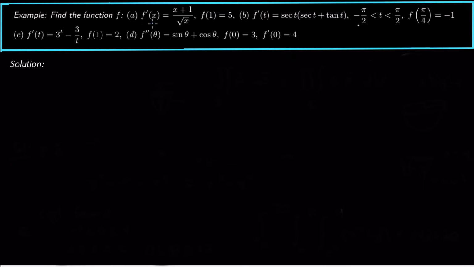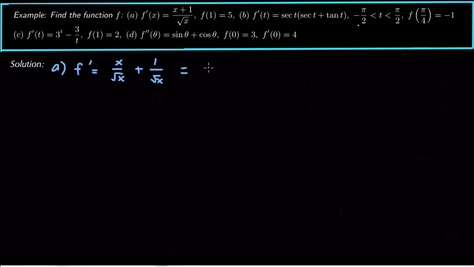It says f prime is x plus 1 over square root of x, and the condition is f of 1 equals 5. So for part A, we can rewrite f prime as x over square root of x plus 1 over square root of x. So just do a little algebraic manipulation first.